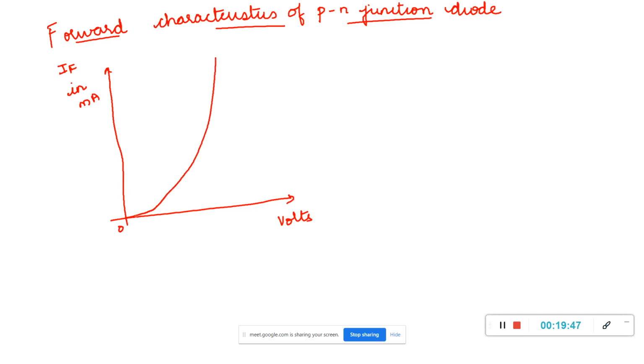So this is the O point, this is the P point, and the E point. This is the F point.